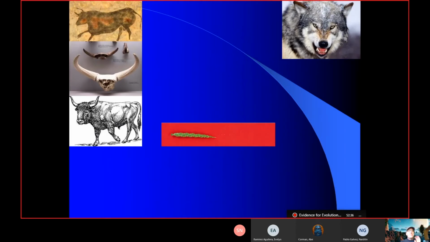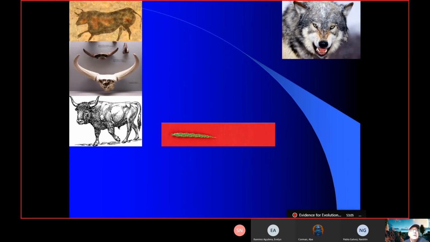Here's some examples. Here is the wild ancestor of cattle today. And these guys were huge. A person might only stand like this tall. But we were able to capture these and raise the ones that were the most gentle, the most docile, and keep them growing under our control.